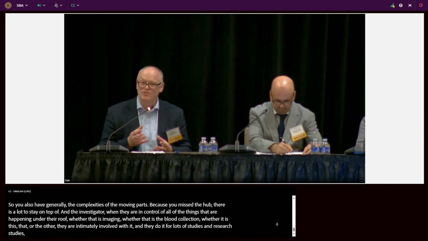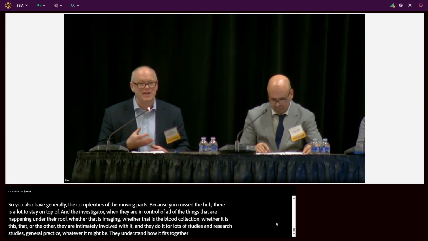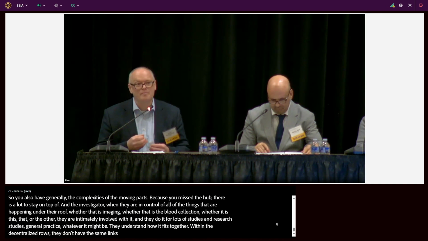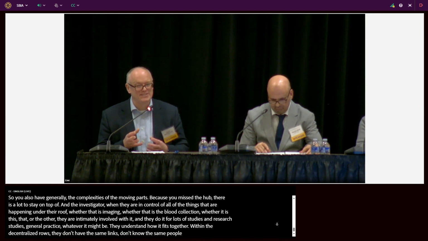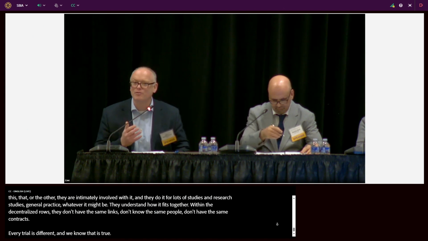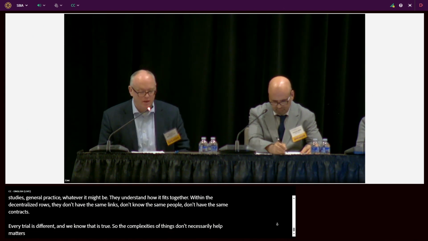Whereas in these decentralized trials, they don't have the same links. They don't know the same people or have the same contacts. Every trial is different, we know this to be true. So the complexities don't help matters much, and they can't just walk down the corridor and have a chat or get something fixed.